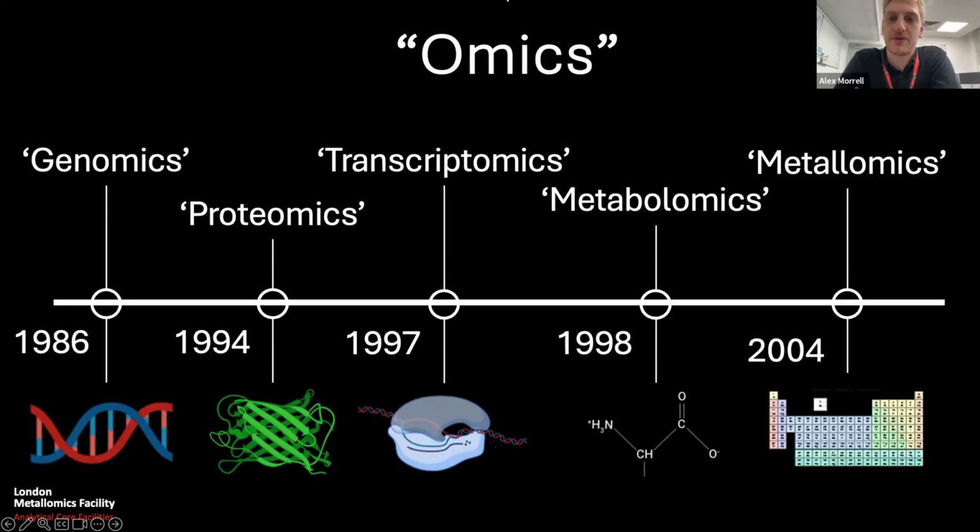The other categories of omics, things like genomics, proteomics, transcriptomics, and metabolomics, were coined much earlier and are much more established scientifically in the community. Metabolomics is always the one people confuse us with. I like to think of metallomics as a master integrator of all of these different omic modalities, because frankly, you need the metals within all of them. So hopefully I'm preaching the word of metallomics to you today.